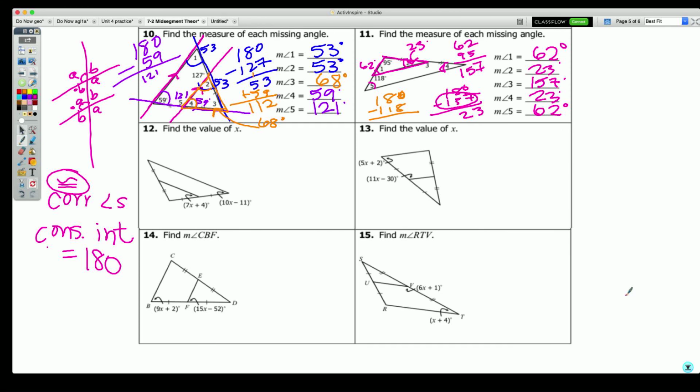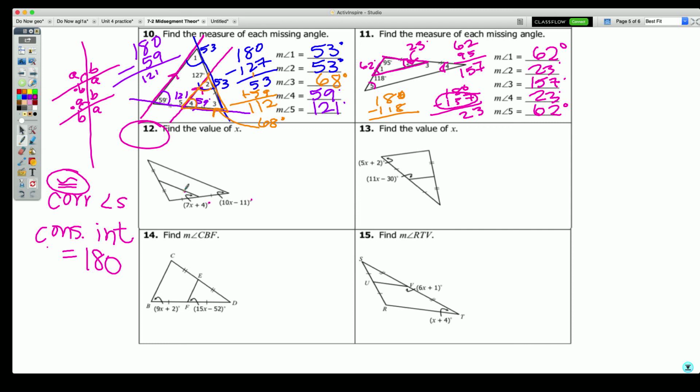Alright, number 12. We're looking at the same thing. We're looking at angles. First of all, how do I know these are referring to angles? It has a degree symbol, right? Make sure you're paying attention to the symbol.